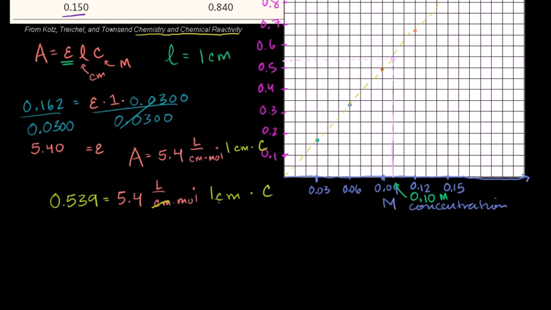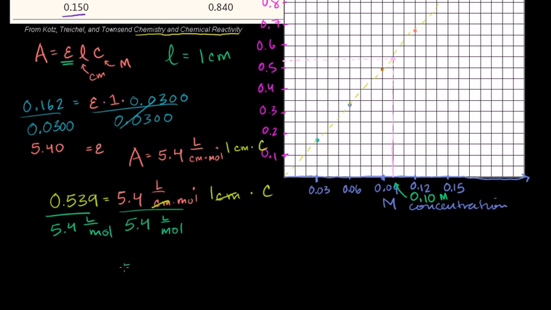Well, this centimeter cancels out with that centimeter right over there. And then we can just divide both sides by 5.4 liters per mole. So let's do that. Let's divide both sides by 5.4 liters per mole.